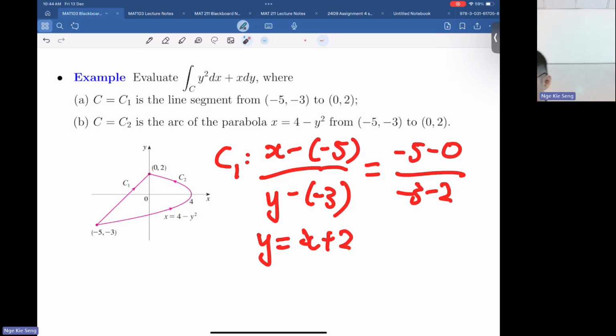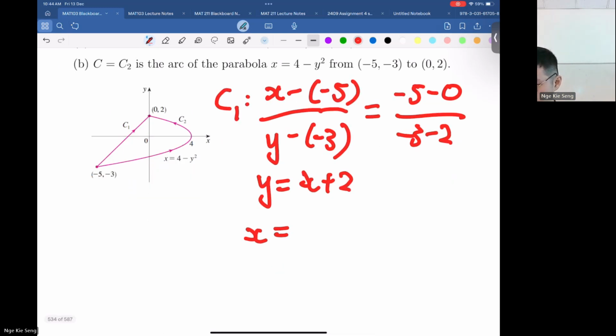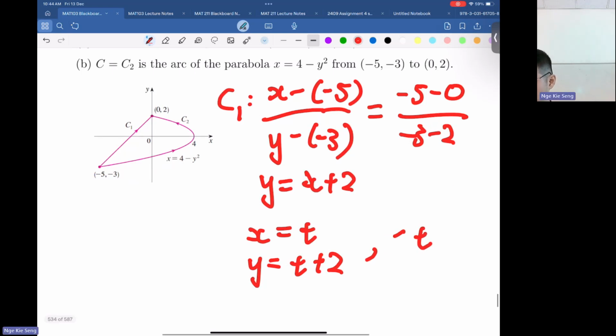So what's your parametric equation in this case? What can you set your x as? You can set your x as t, and then y depends on x. Your t goes from where to where?